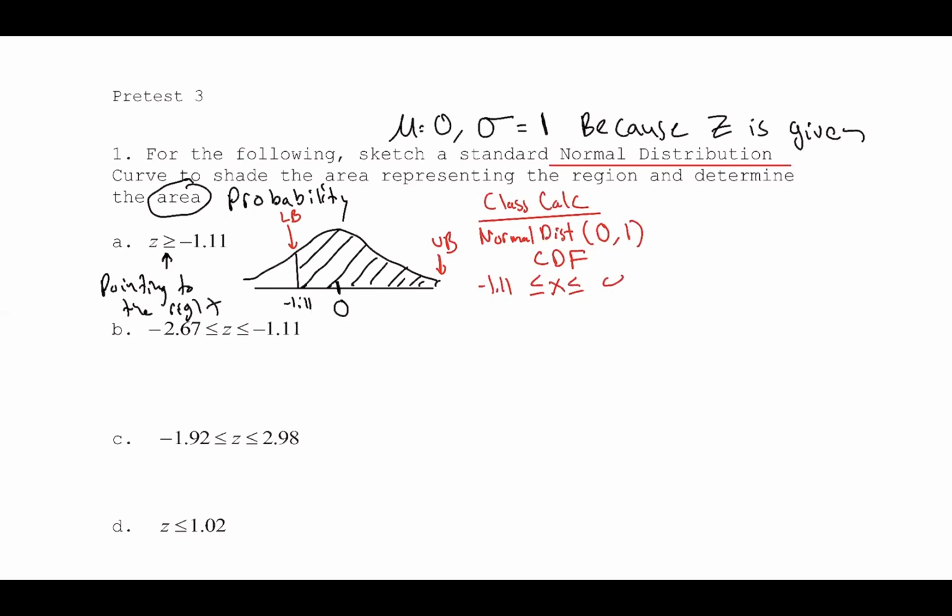The upper bound will be infinity, because there's no cutoff, and you keep going and going. Everybody good so far with what you're supposed to answer in ClassCalc? All right, so let's go to ClassCalc.